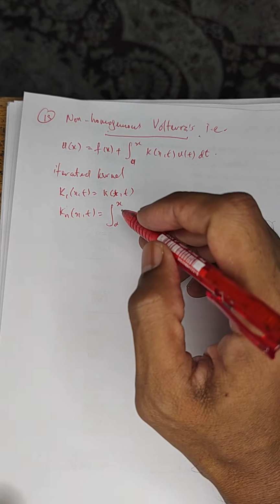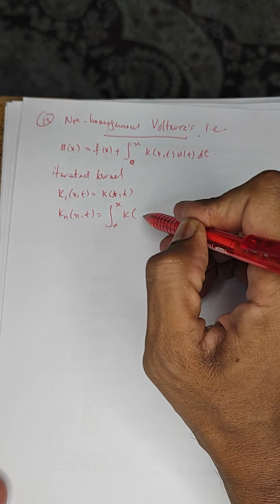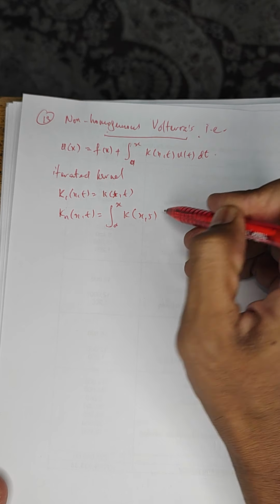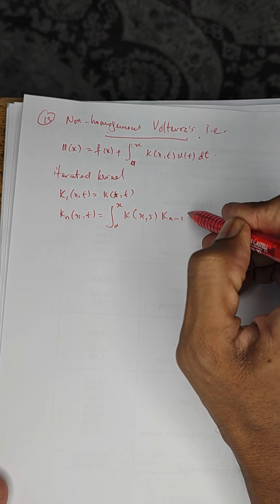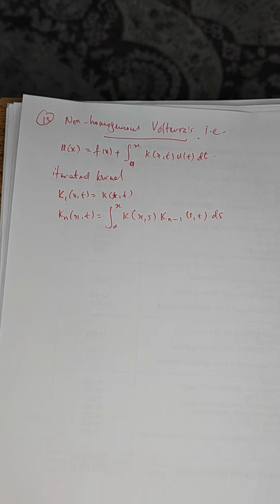Okay, so kn is given as the integral of k(x,s) k(n-1)(s,t) ds for n equal to 2, 3, 4, 5.